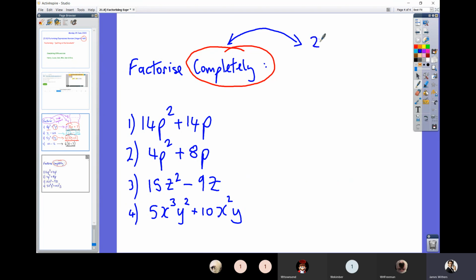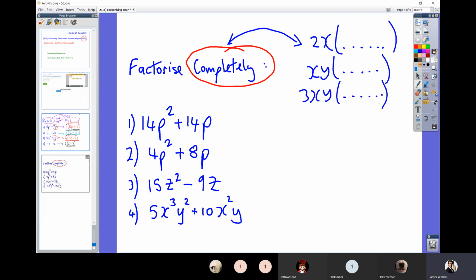So maybe you're taking out 2x and then the bracket. Maybe you're taking out xy and then the bracket. You could even be taking out 3 components. All right, so whenever you see the words factorise completely, you must make sure you take out at least 2 components from the bracket.